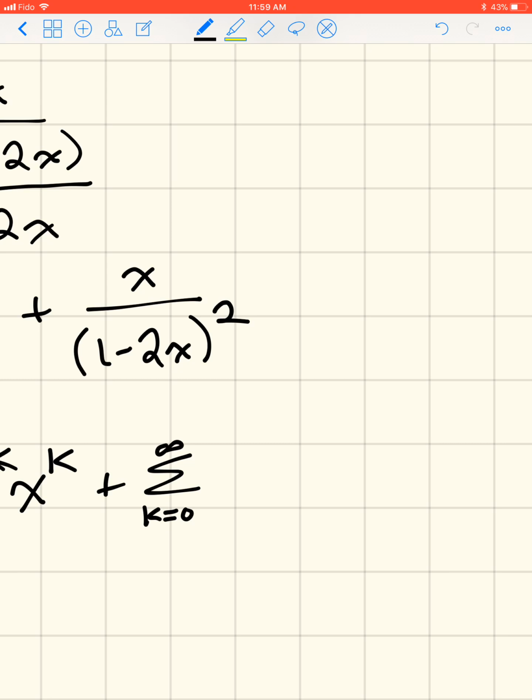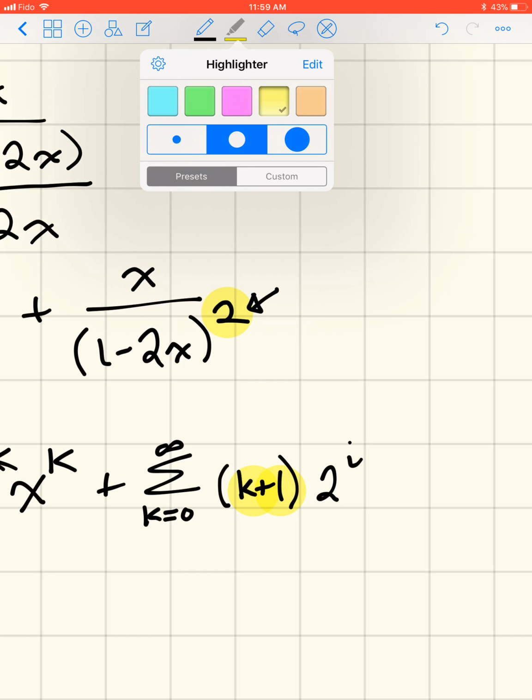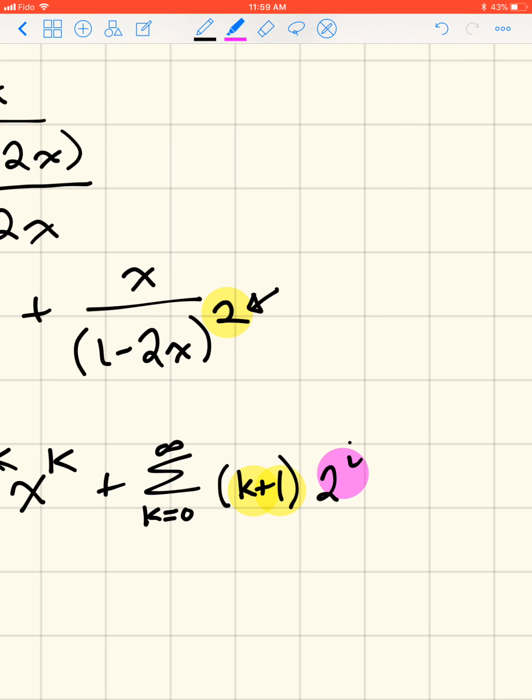We have to do both the k plus 1, which accounts for the exponent here. Let's highlight that for fun. So that comes from that, and 2 to the i, which comes from this 2 here, and then our x to the i plus 1.